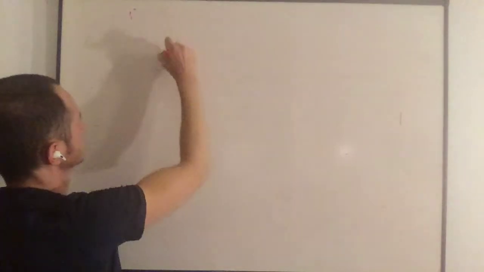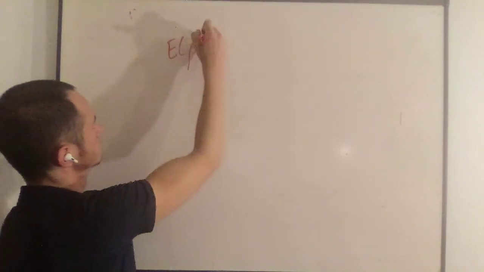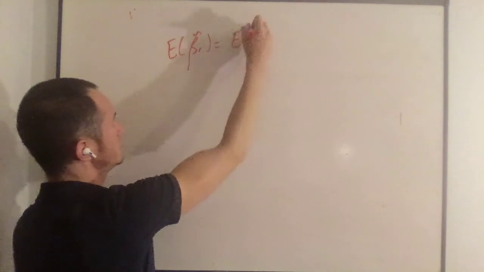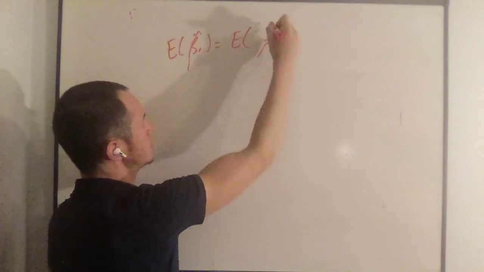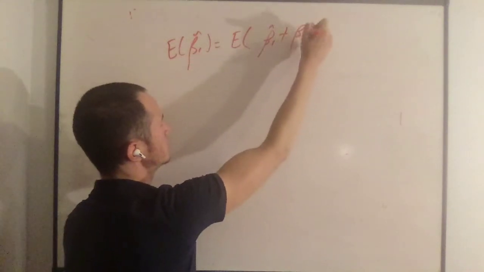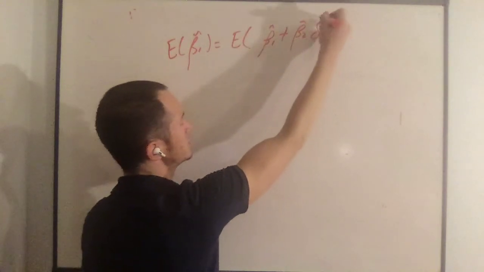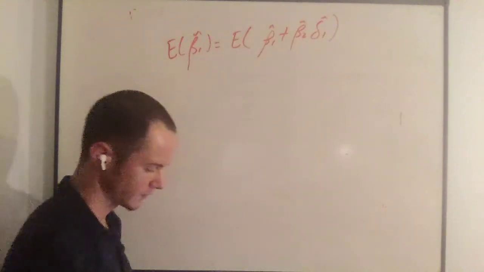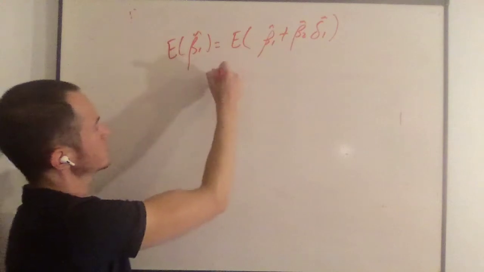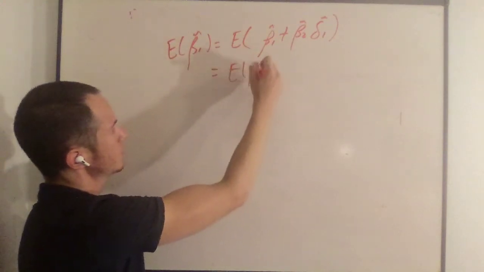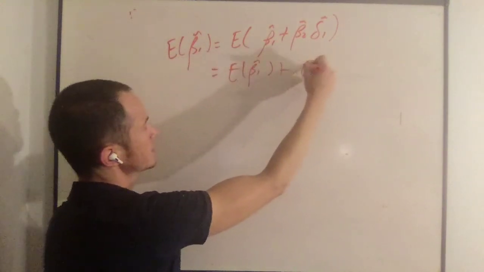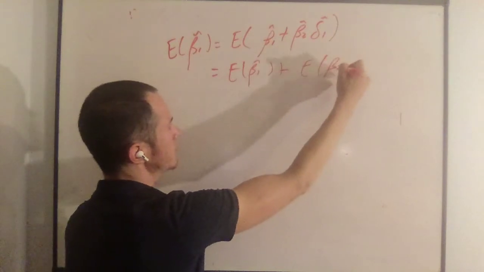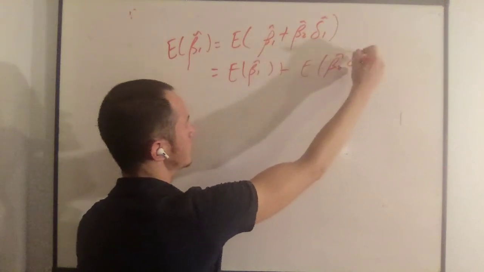So what is the expected value of beta 1 tilde? That's the expected value of beta 1 hat plus beta 2 hat times delta 1 hat. Now this is equal to the expected value of beta 1 hat plus the expected value of beta 2 hat times delta 1 hat.